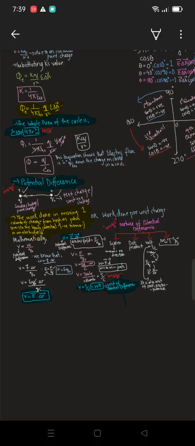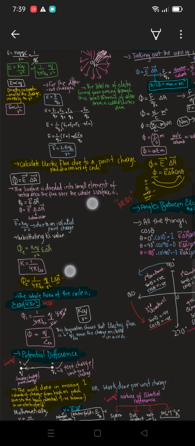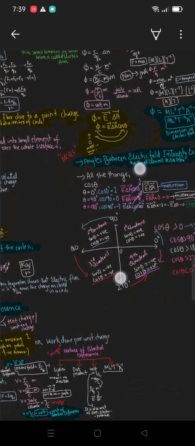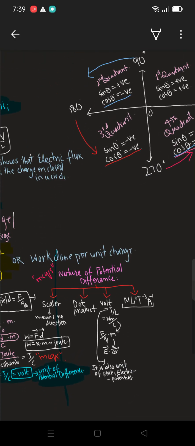Okay, so as in the last video we derived the unit for the potential difference, and we have seen the nature of the potential difference, and that topic was very important in terms of MCQs. I told you four things in that.